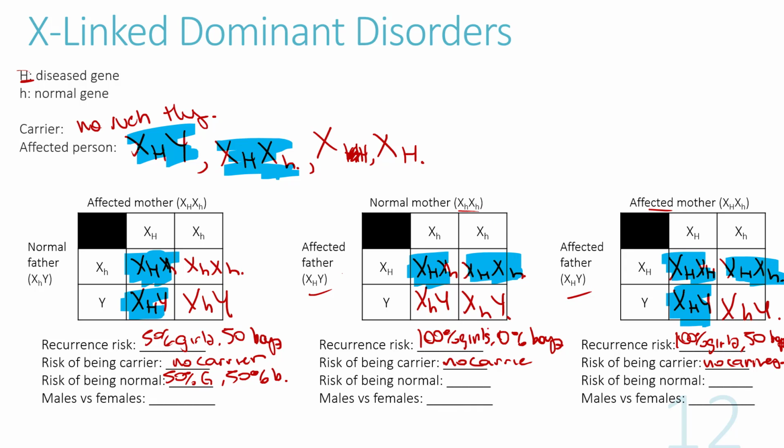Normal mother, affected father, risk of being normal is 0 for girls and 100% for boys. Whereas if you have both parents affected, then risk of being normal for girls is 0 and 50% for boys. And so you can see that in these cases there are differences between males versus females in terms of the percentage recurrence risk of getting the disorder.